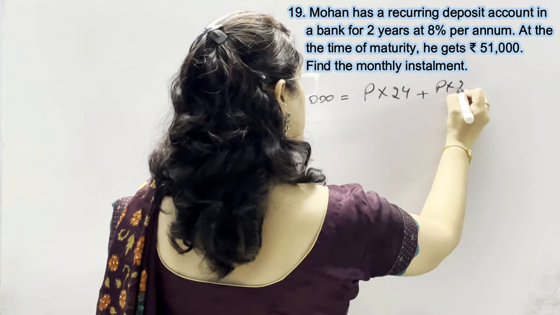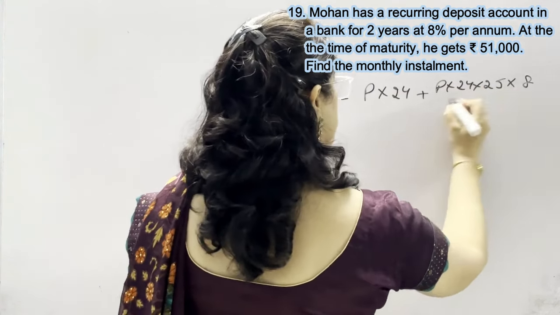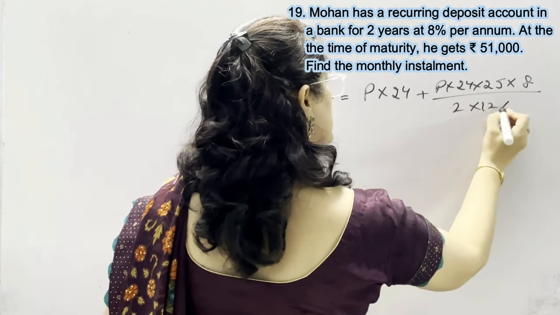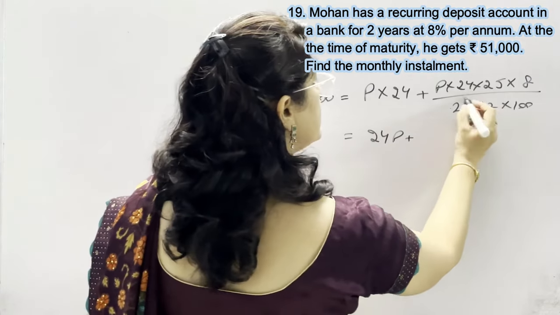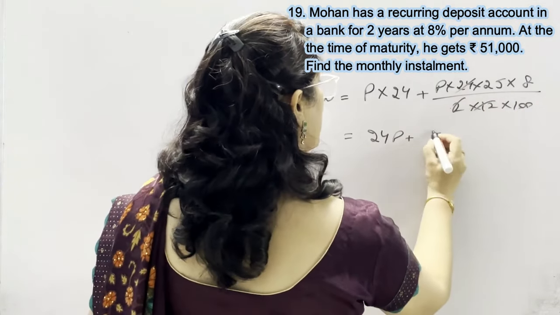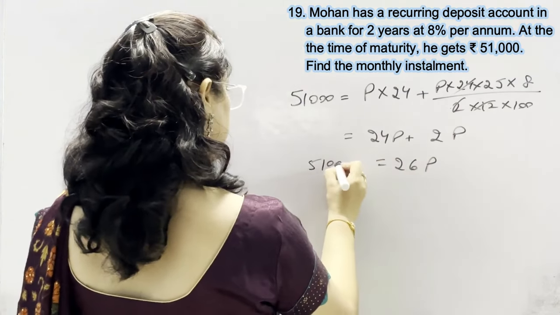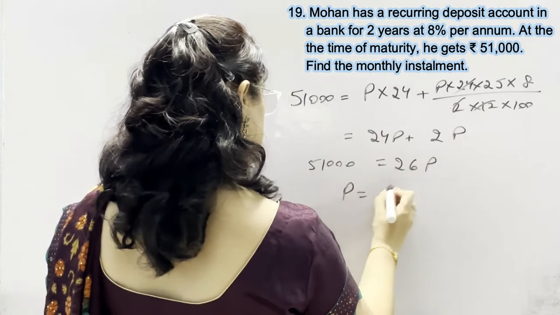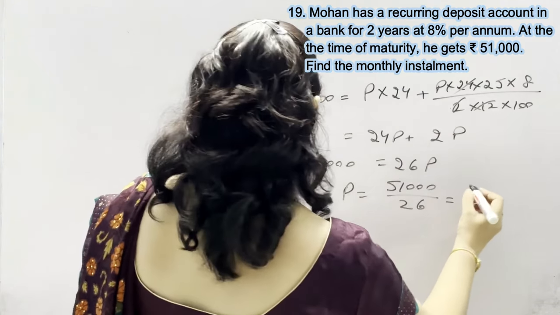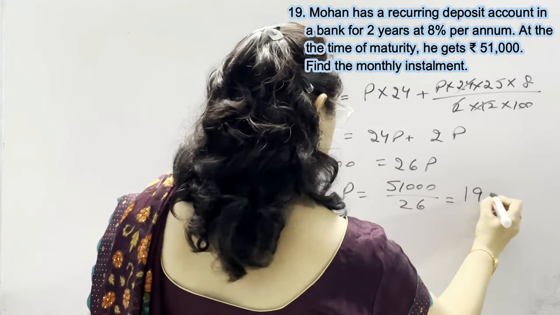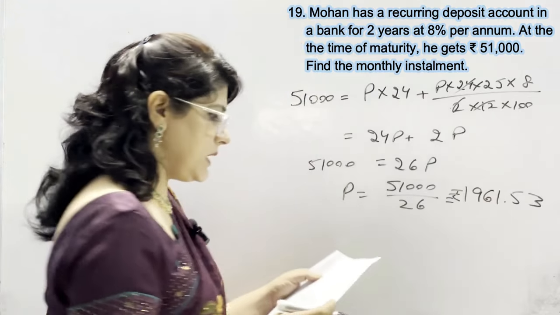So P into 24 into 25 and the rate is given as 8%, 8 upon 2 into 12 into 100. So 24P plus the value comes out to be 2P. It means 26P is equal to 51,000. So P is equal to 51,000 divided by 26. The value is 1961.53.